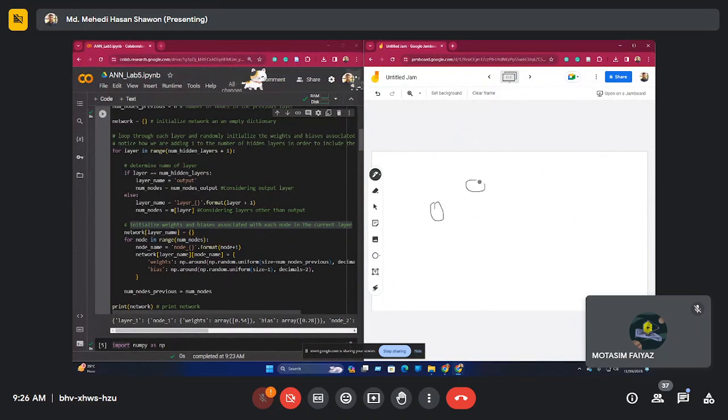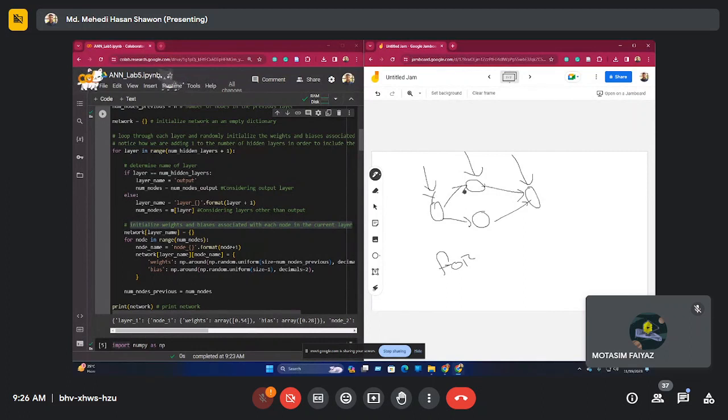Suppose input, hidden, output layers. So you have some weights and connections, right? Using the first for loop, we are propagating: okay, I'm in the input layer, or the hidden layer, or the output layer. If you are in the input layer, you do not have to put any weight or bias.